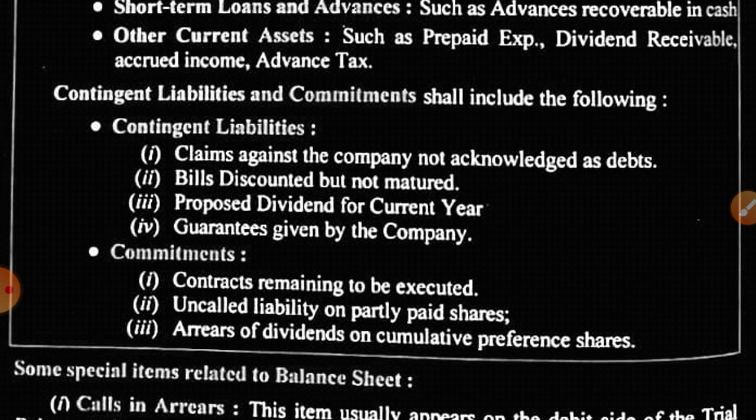For an example, a lawsuit against the company. A person has filed a lawsuit. Now when will it become the liability of the company? When that person wins the case, isn't it?